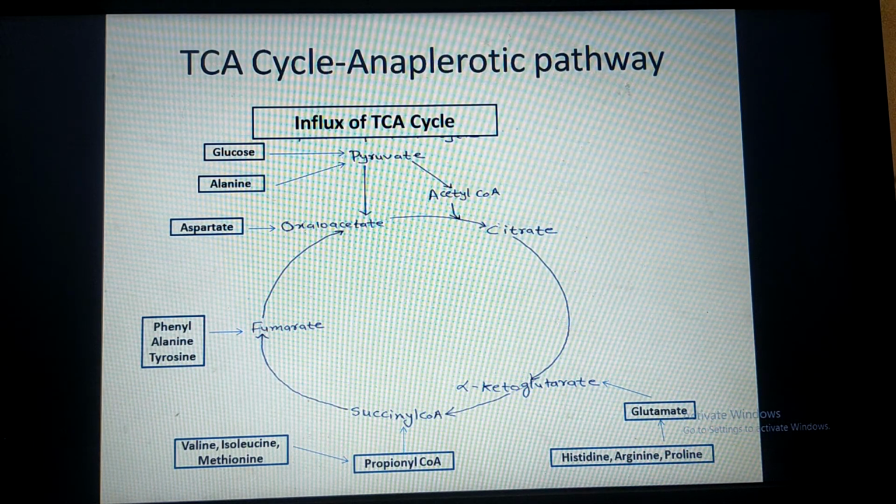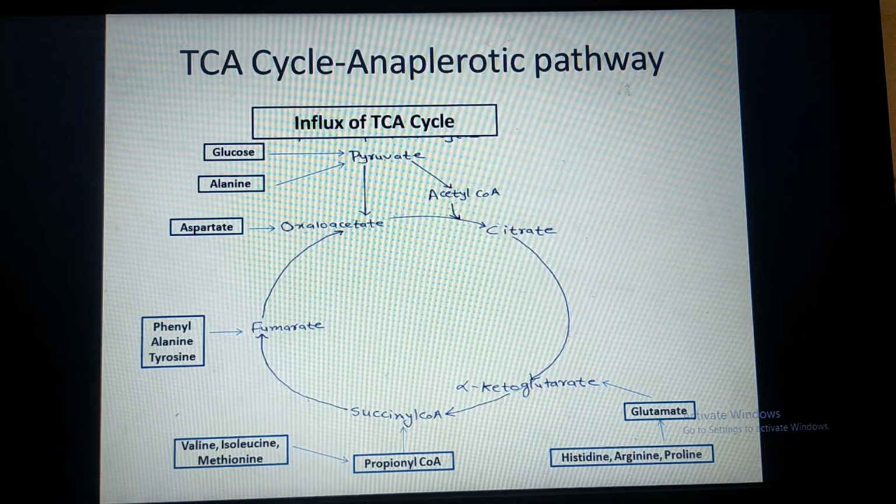So these are the examples of influx in the TCA cycle. That means various substances, here amino acids, get converted into different intermediate compounds and they enter into the TCA cycle. So TCA cycle may start from any intermediate. So this is influx in TCA cycle.